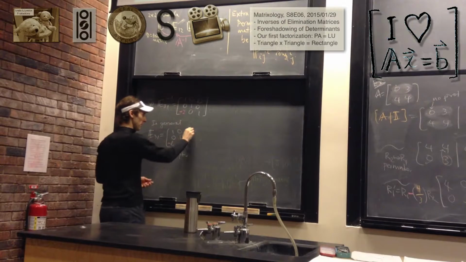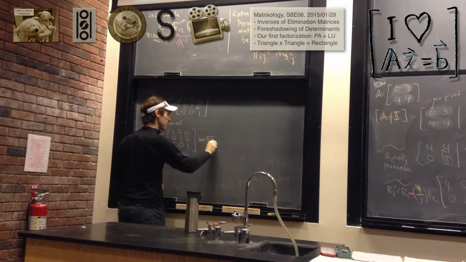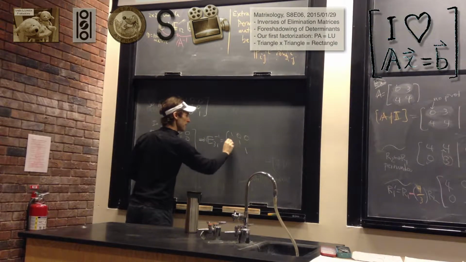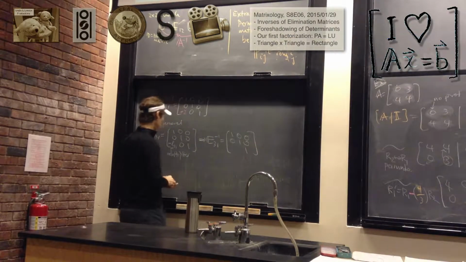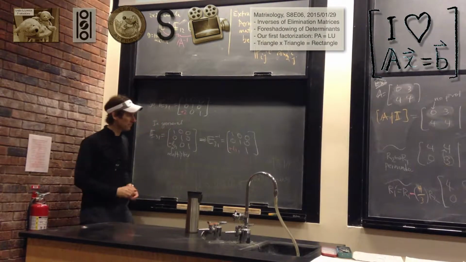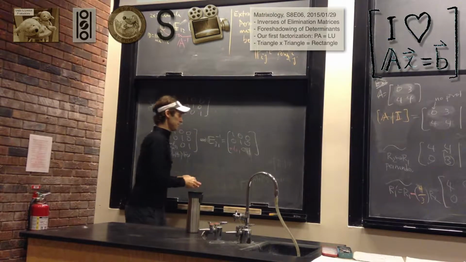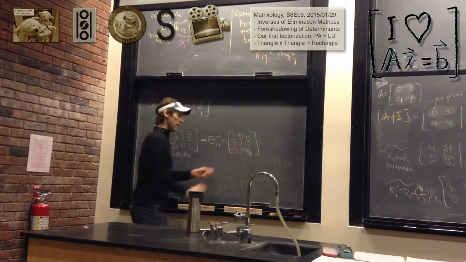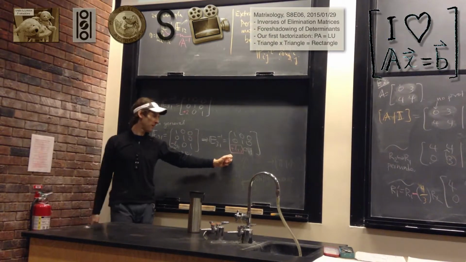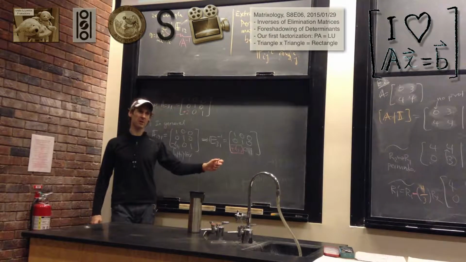So if that's always the form of these things, then E31, the inverse of it, is now going to look exactly like the identity, but it has a plus L31. And it's better to have a plus over here. We're going to come to why that is, but the plus is a nice thing here. And there's a reason it's a small L.